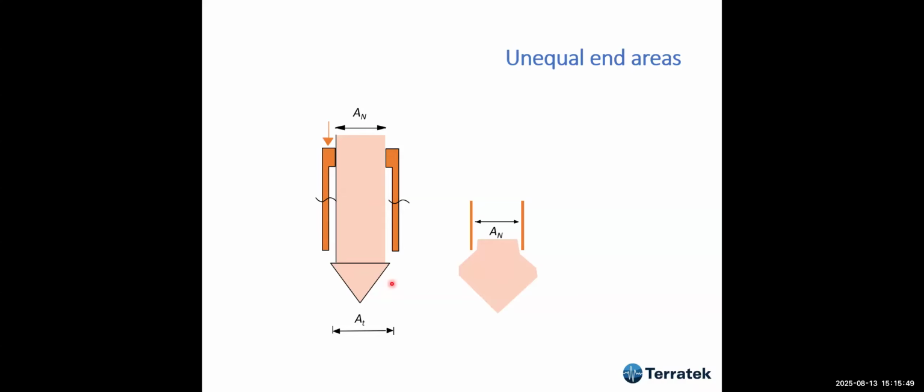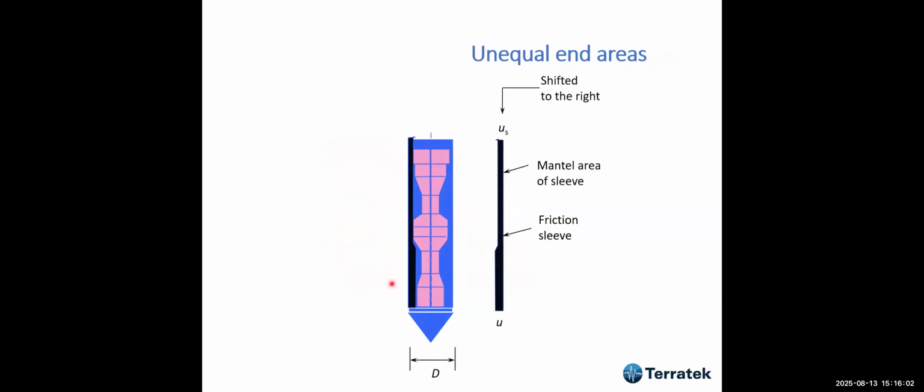And this is very difficult to avoid, this correction. All cones have this kind of unequal end areas. It was easy to avoid the unequal end areas at the friction sleeve just by machining it with the same diameter. But at the tip it is impossible.